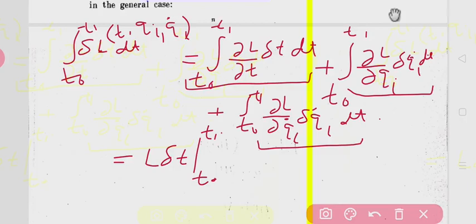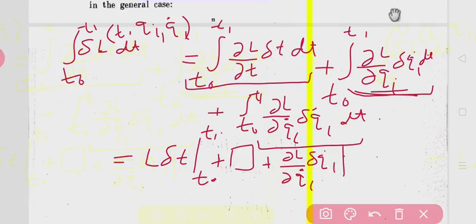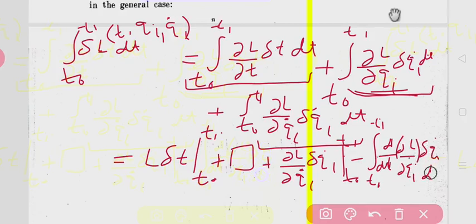So you will get curl L over curl qi dot into delta qi, from t0 to t1, minus the integral of the derivative of the first, that is d by dt of curl L over curl qi dot, into delta qi dt. These terms will be left over.